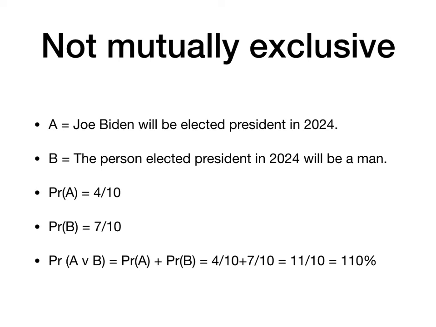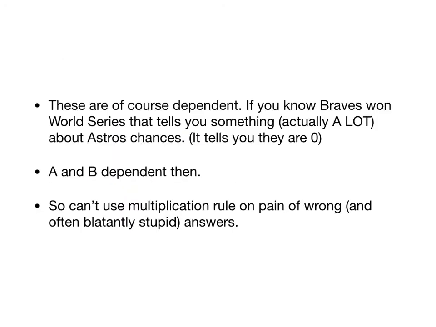What we've done wrong here is that these are not mutually exclusive propositions. In fact, they actually look like this, right? B's bigger, but look, the person elected will be a man, which completely encompasses Joe Biden will win. If Joe Biden wins, a man wins. That's not the only way a man could win.